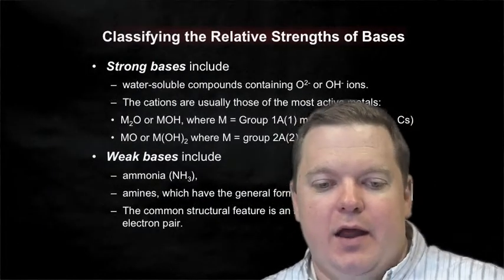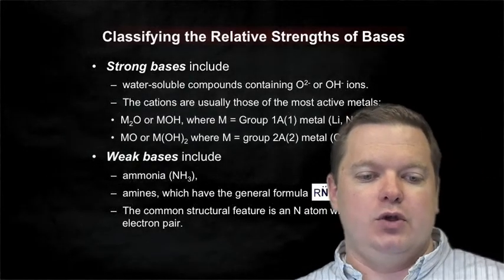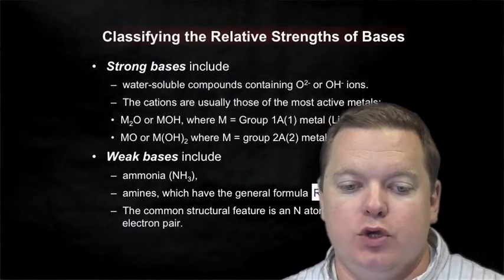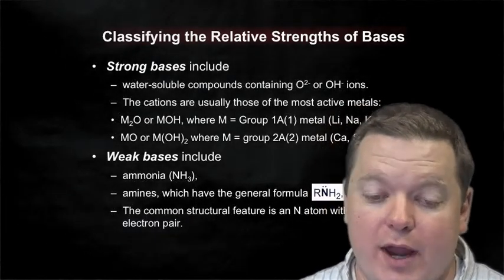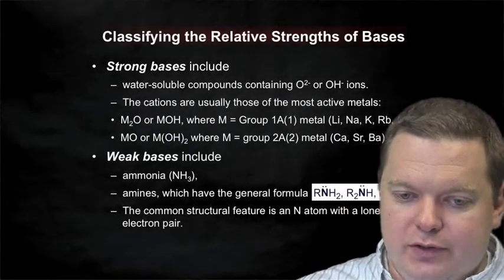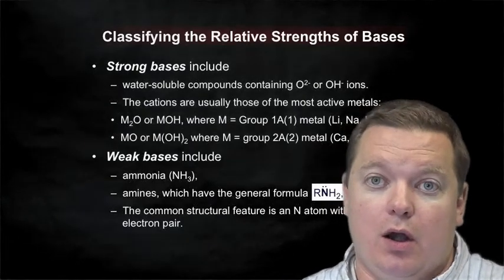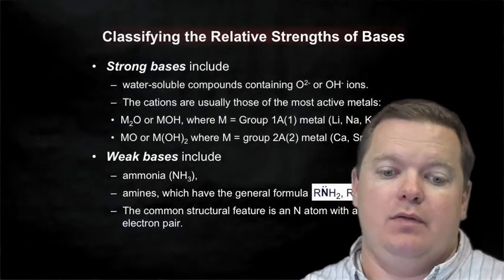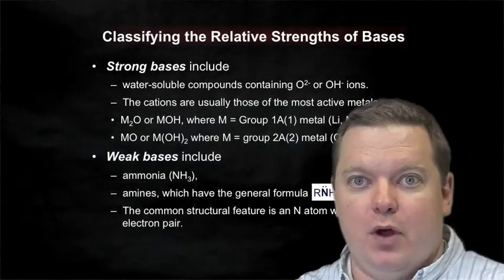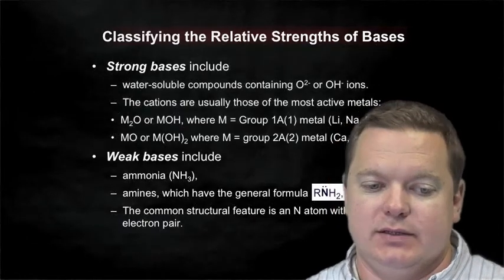We can set another set of rules for the bases. Strong bases include those water-soluble compounds that have either the O2 minus or the OH minus, the hydroxide ions, and the cations are usually the most reactive metals. So the alkali metals, sodium, lithium, potassium, rubidium, cesium, all of those hydroxides or oxides are going to be strong bases.